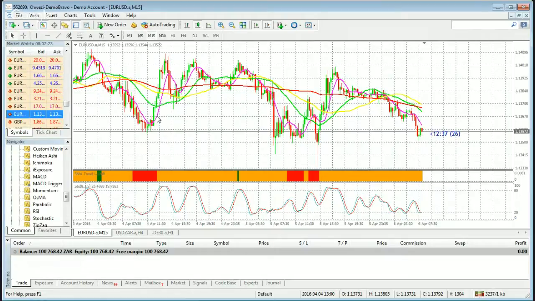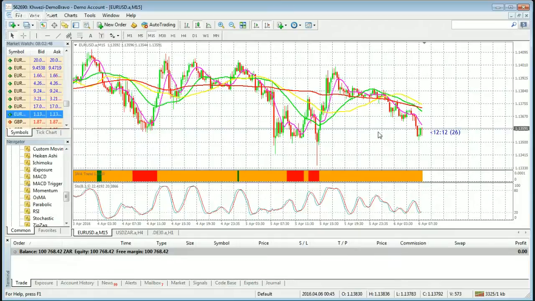Then we've got the green, which is the 30 moving average, the yellow, which is the 50, and then the red, which is the 100. It's the standard 3 moving average setup. So I've just got the indicator there, and then just my normal 8 moving average.